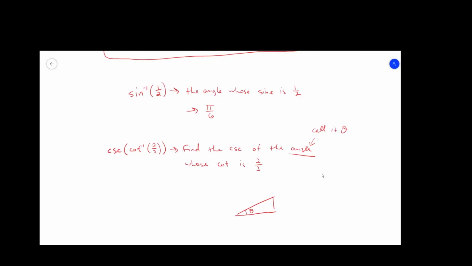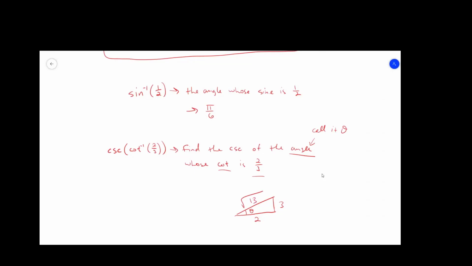I know its cotangent is 2/3. How do you define the cotangent in a triangle? Well, the tangent is opposite over adjacent, so the cotangent is adjacent over opposite. So that allows you to put a 2 there and a 3 there. And then the Pythagorean theorem says that I need to square them, add them together, and take the square root, right? 9 plus 4 is 13, so that's root 13 there.